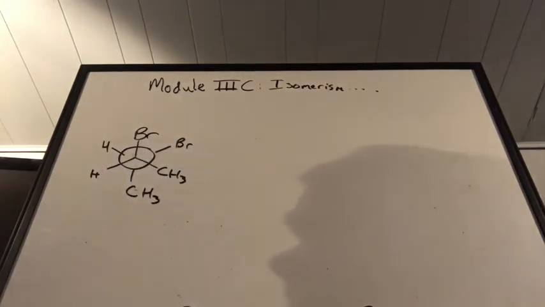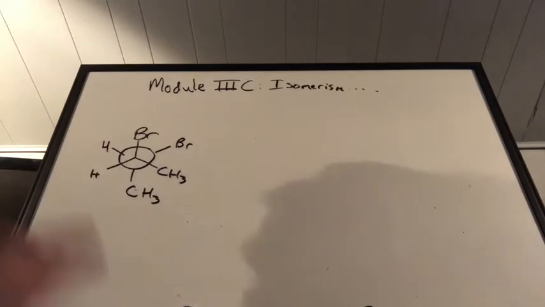Then we'll look at identifying different types of stereocenters and whether they have some kind of optical activity with respect to plane polarized light, which we'll get into at the beginning of the next module.